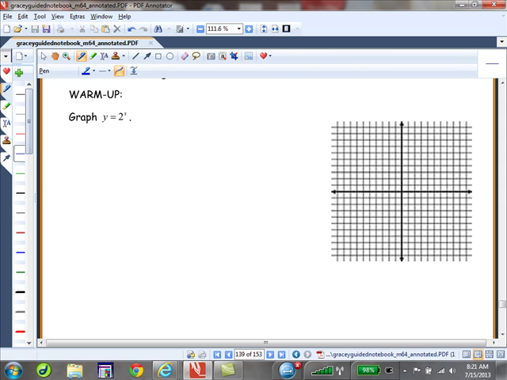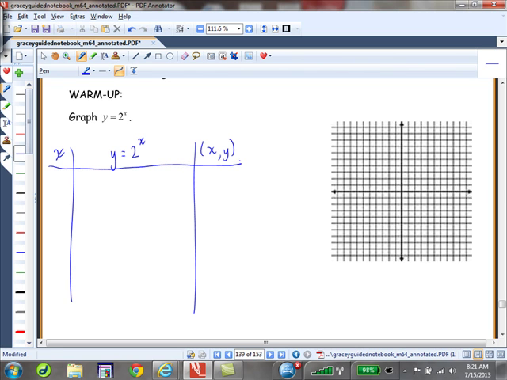All right, let's see how you did. We've got y equal to 2 raised to the x, and our ordered pairs will be in the form x comma y. We can give x values, let's say -2, -1, 0, 1, and 2.